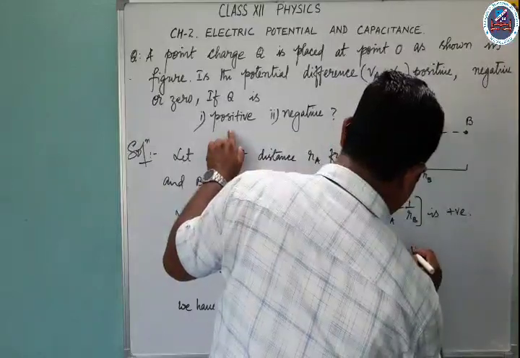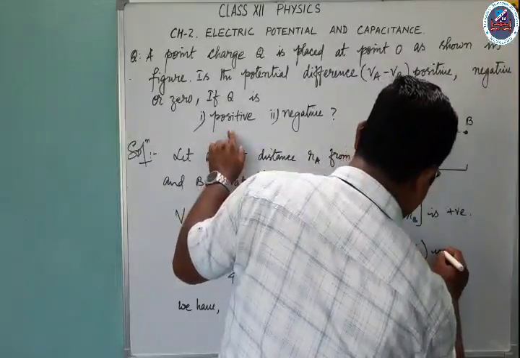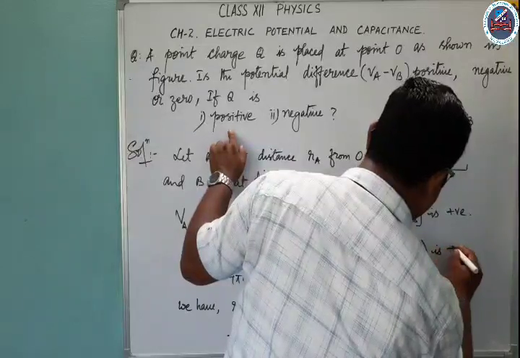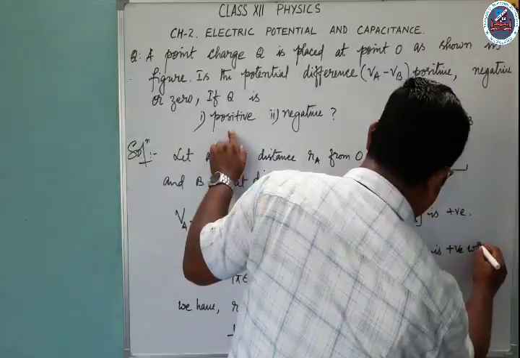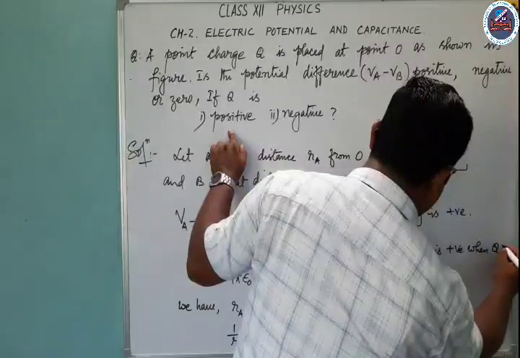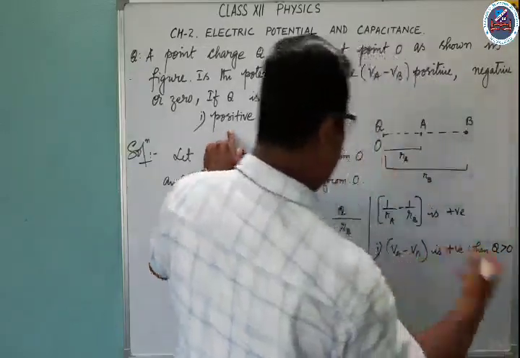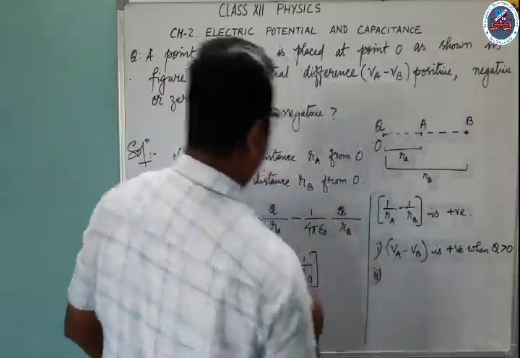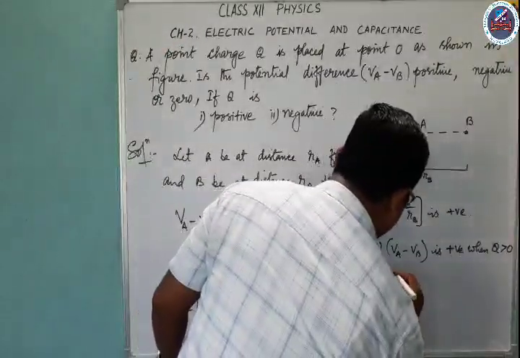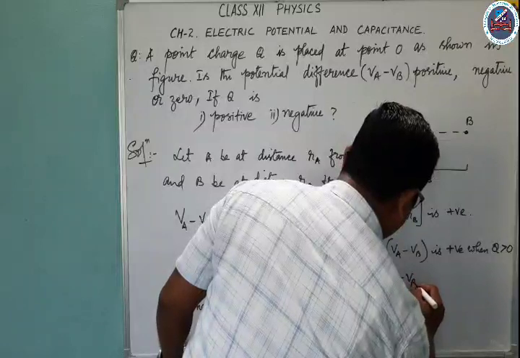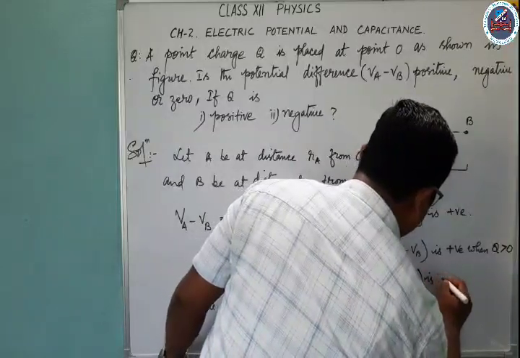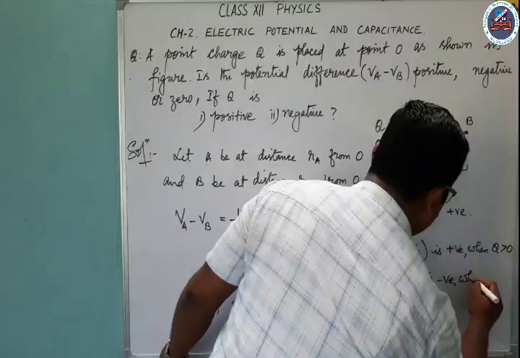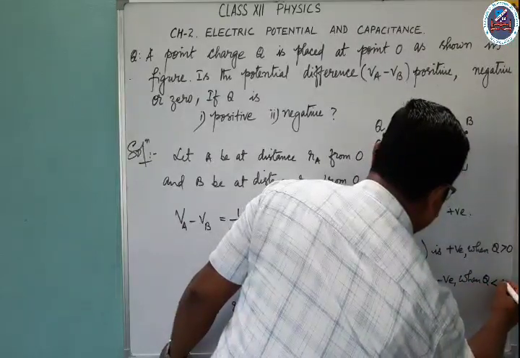VA minus VB is positive when Q is greater than 0. It means when Q is positive. And the second one, to get a negative value, VA minus VB is negative when Q is less than 0.